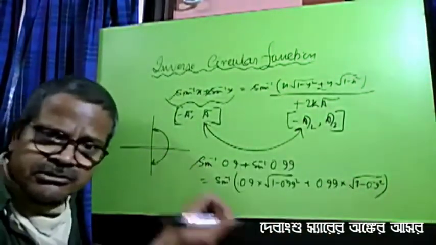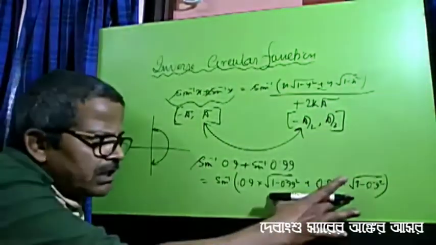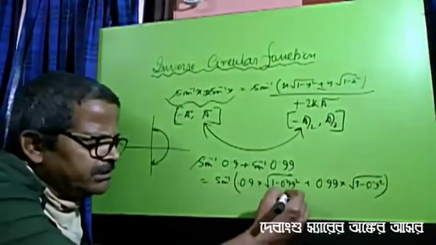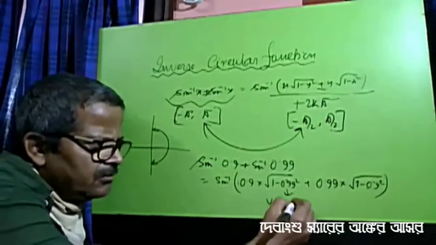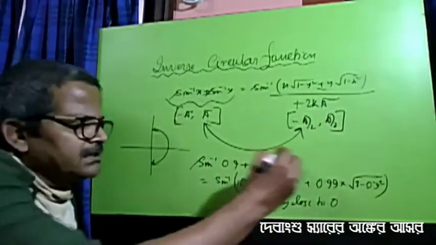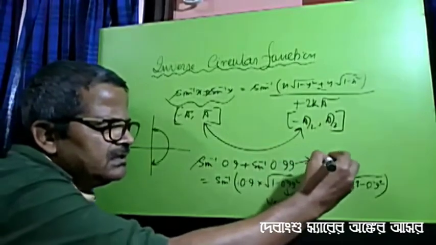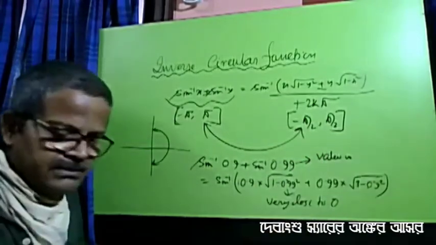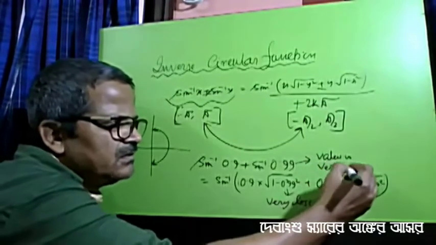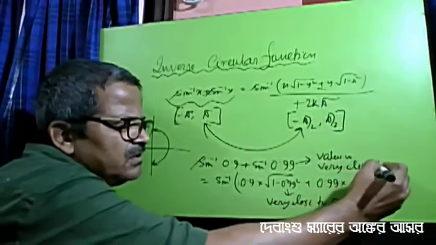Similarly, this value also reduces to 0. So the total value is very close to 0. So see, this value is very close to 0, but this value is very close to pi.